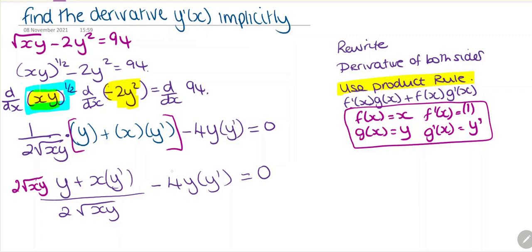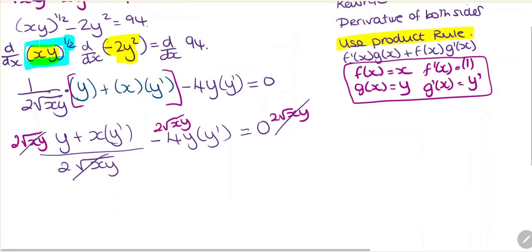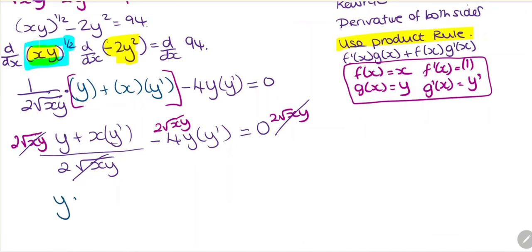we have to multiply this term by 2 root xy. If we multiply 0 by it, that's just going to be 0. And then these terms will cancel. So we're left with y plus x y prime minus, and then we need to multiply this out.